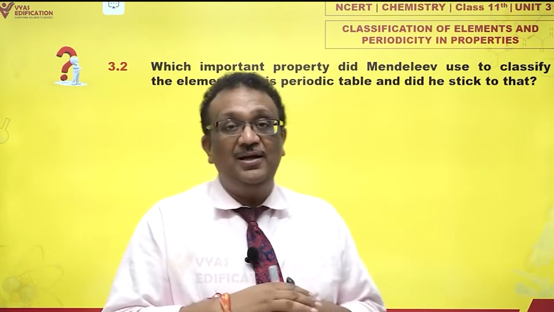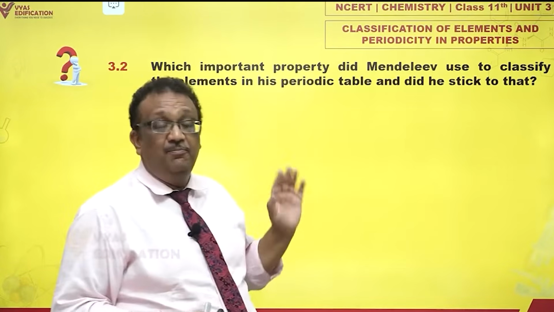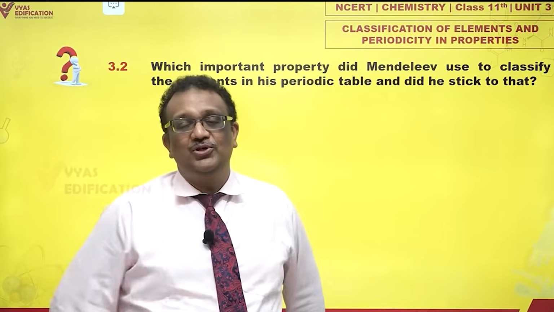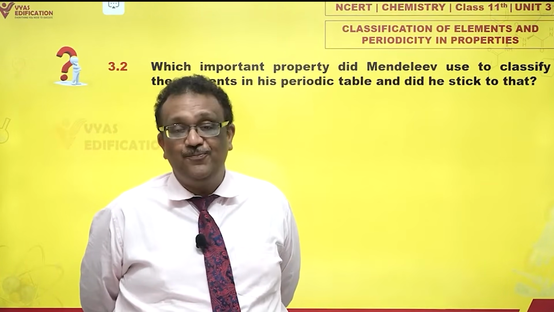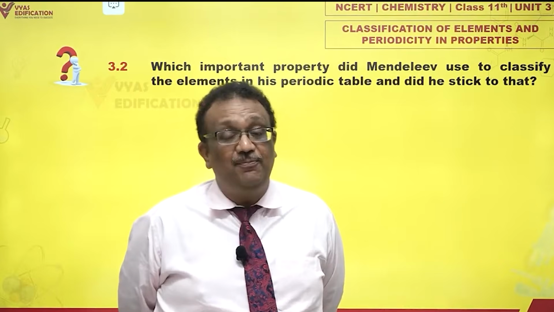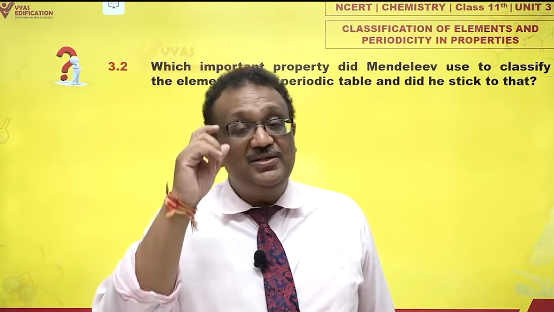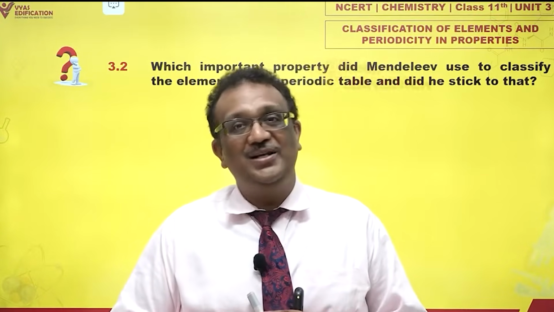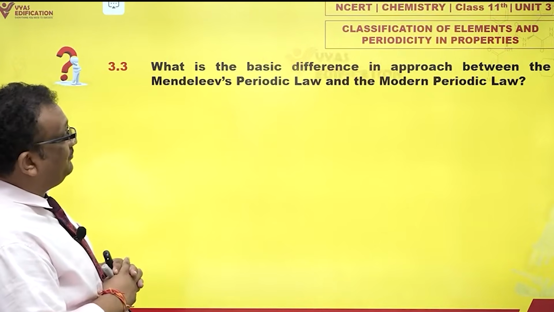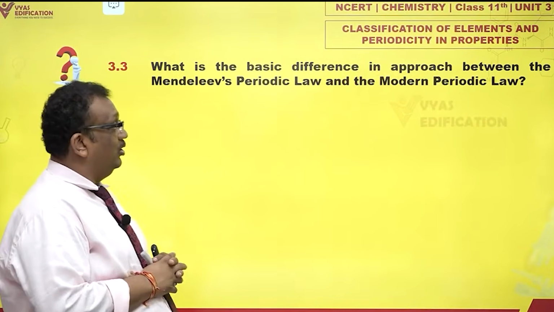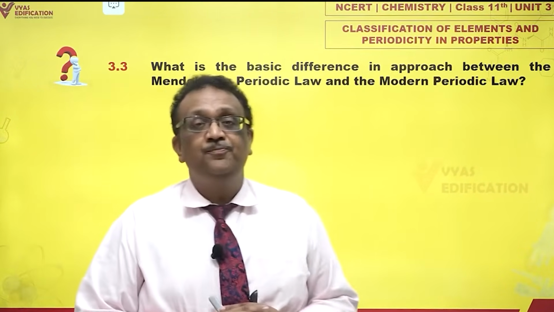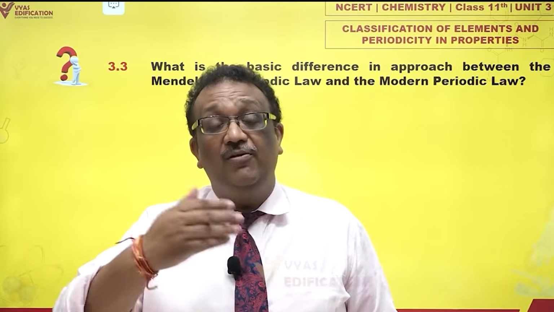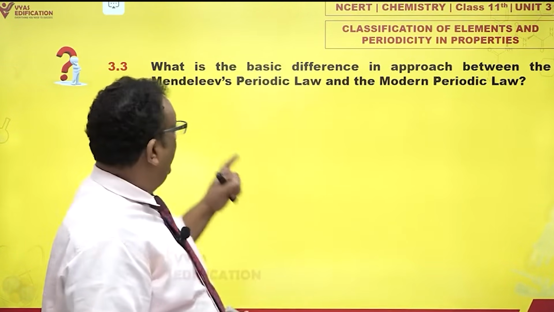So that shows that Mendeleev did suggest an important property or a rule, but the most essential portion of the guiding principle was the theme, that regular variation in the properties, and that is a must when it talks about the arrangement of elements in periodic table. What is the basic difference in approach between Mendeleev's periodic law and modern periodic law? The periodic law states that properties of elements are periodic functions of their atomic masses.